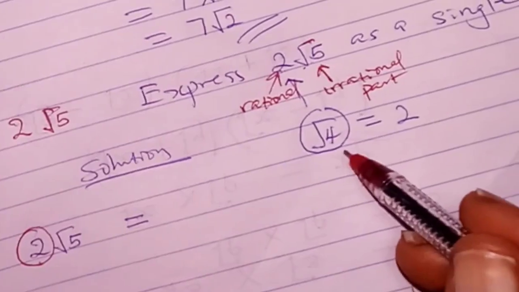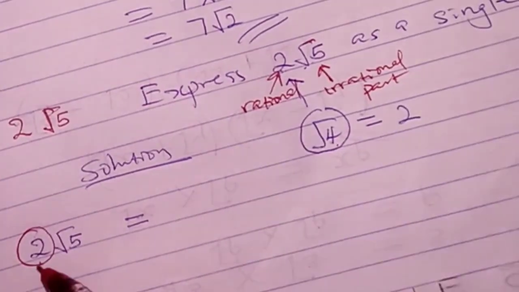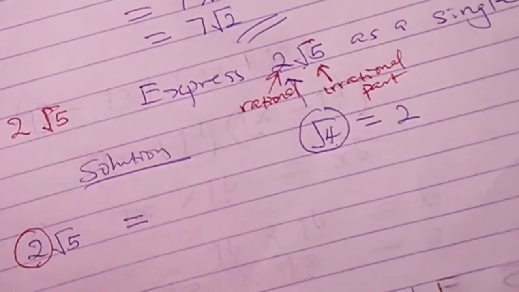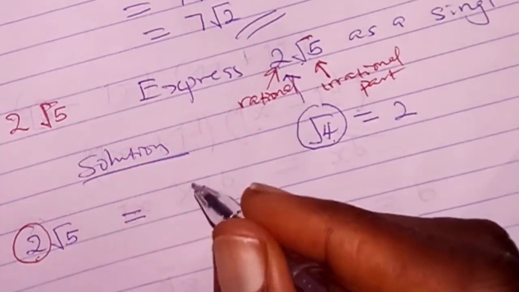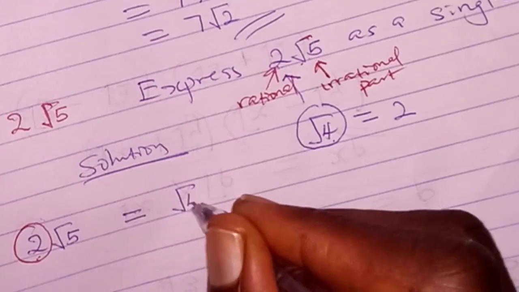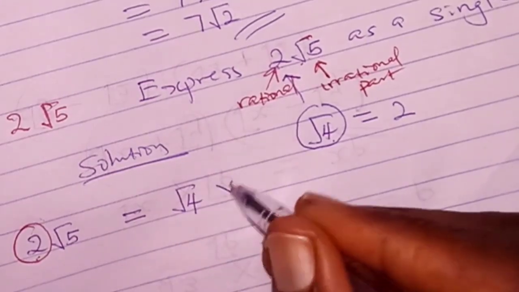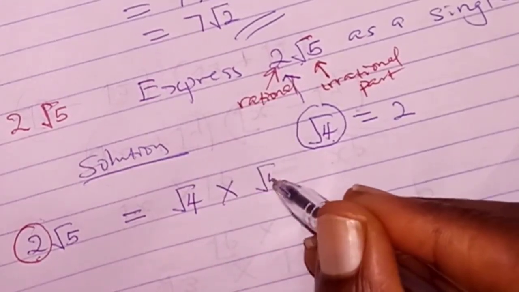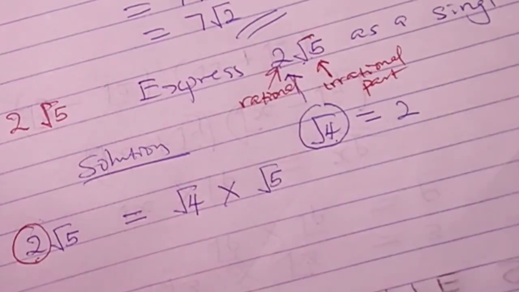It is the square root of 4. So I'm replacing this 2 with the square root of 4, multiplied by root 5, the square root of 5.